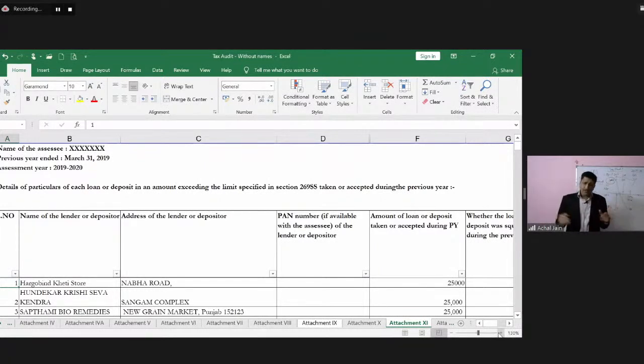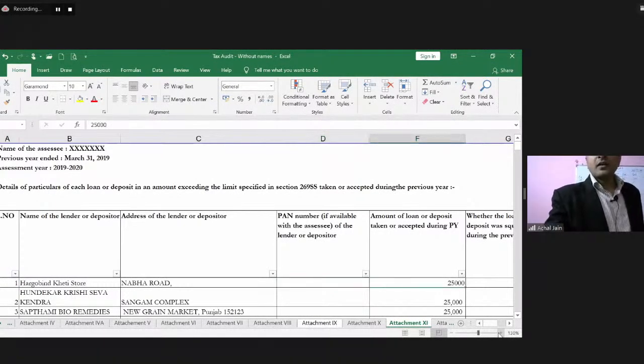It's not necessary, but at times it may happen. So capturing this complete data is not only important, but the particulars of the data captured are very important. Which means if we have to specify the amount which is taken or accepted, we can very easily check it. So this column E is for what?